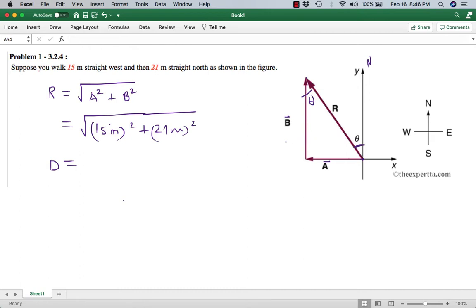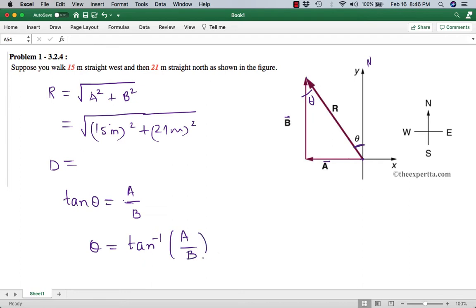So that means if we take the tangent theta, the tangent theta would be opposite, which is a vector, the magnitude of vector a over the magnitude of vector b. So then you can find the angle theta by taking the tan inverse of a over b.